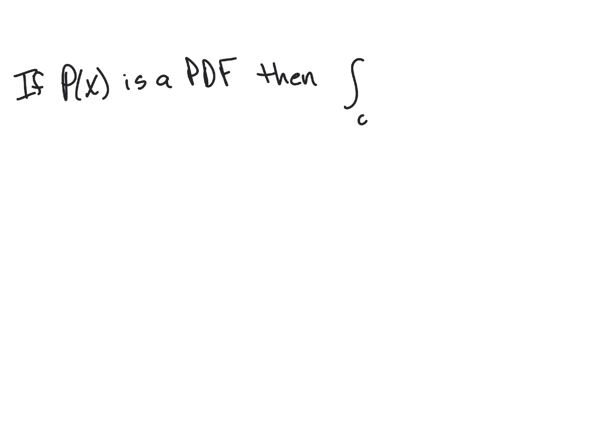So, like I said, for something to be a proper probability density function, the integral from a to b, whatever the interval is, of that function equals 1.